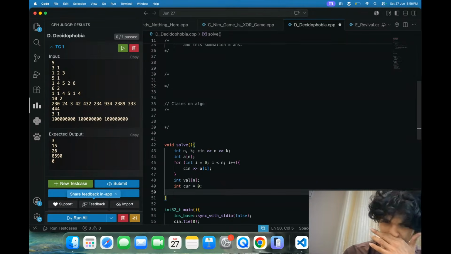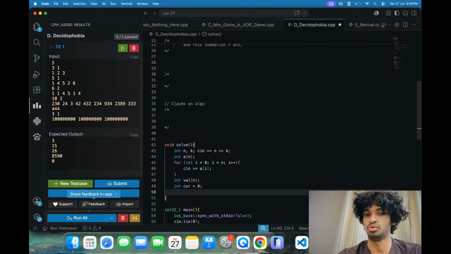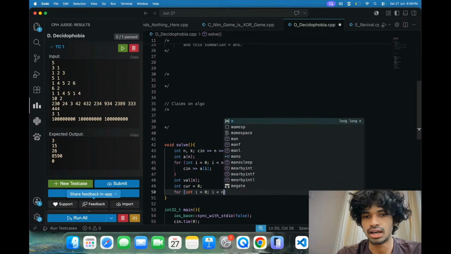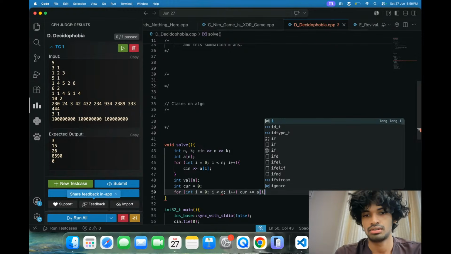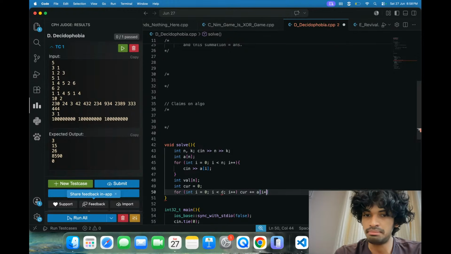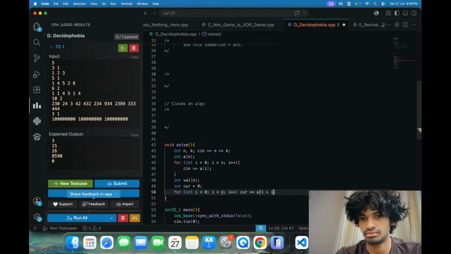Okay. So how does that start? For int i equals 0, i less than d, i plus plus, cur plus equals a of i plus a of (1 plus i) remainder n, which is not needed, but let's just put that.